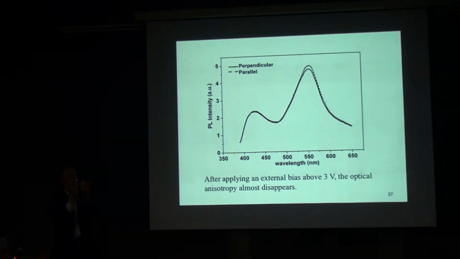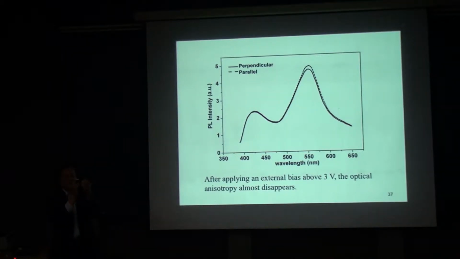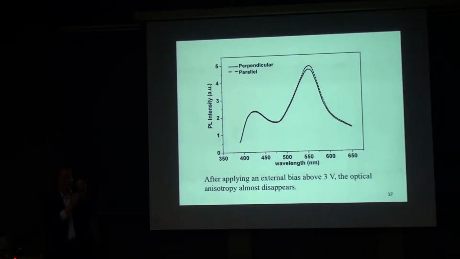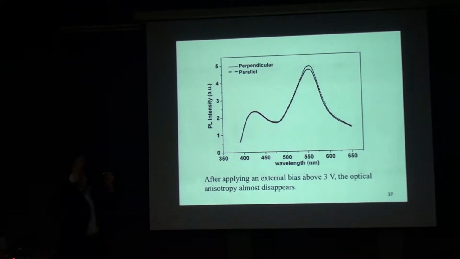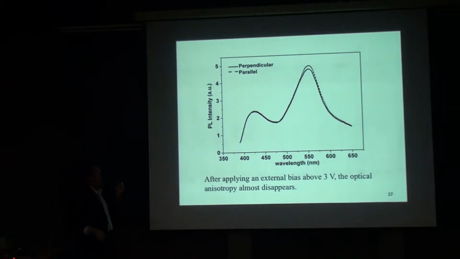However, after we apply voltage, the semiconductor will switch to this orientation. So if we detect here, even though we rotate the polarizer, we are not able to measure any change, because right now it's circular symmetry. Okay.